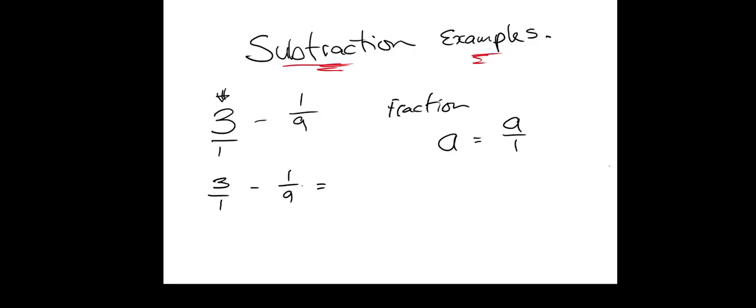So what do we do from here? Well, we just do our pattern, bottom to bottom, bottom to top, bottom to top. So we draw our fraction line, bottom times bottom. 1 times 9 is, of course, 9. 9 times 3, if you remember your times tables, is 27. 1 times 1 is just 1, and the negative sign comes over, and we're left with 26 over 9.